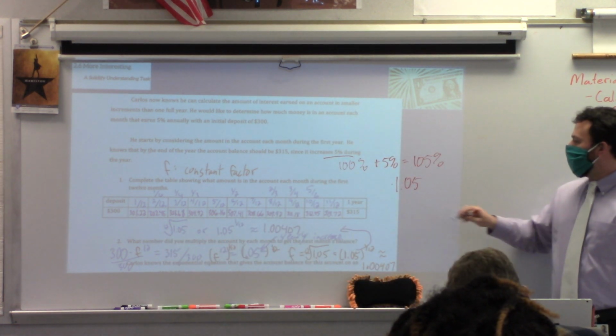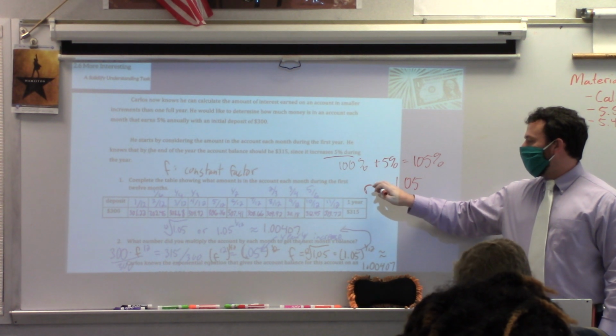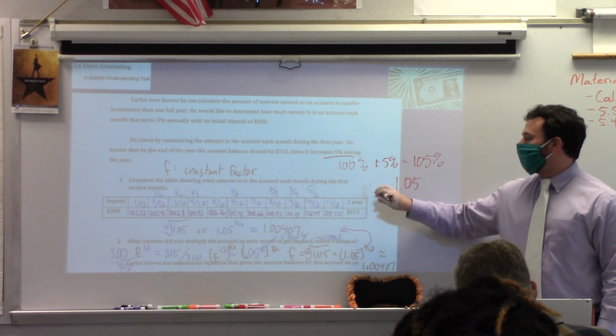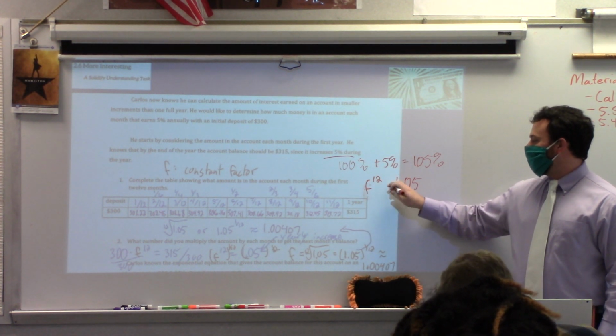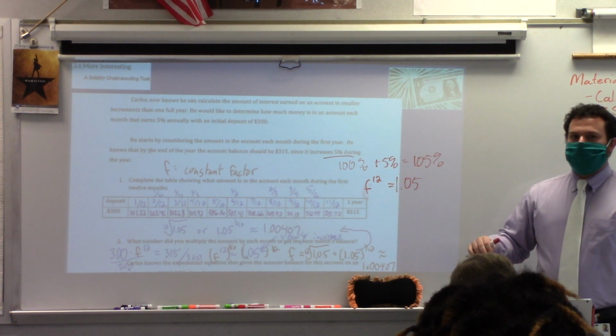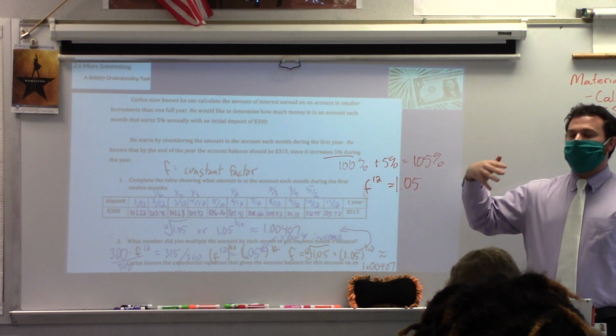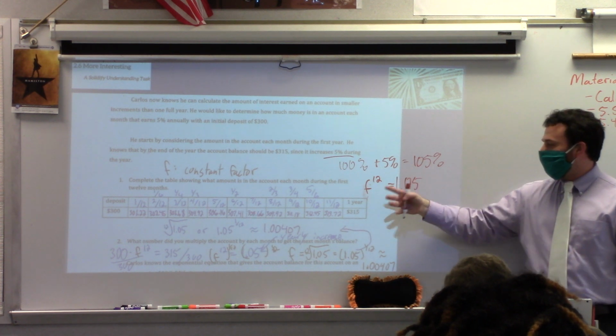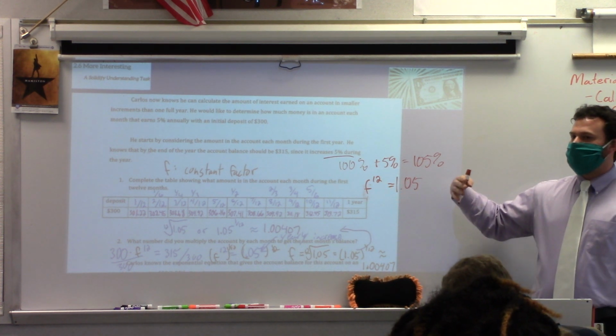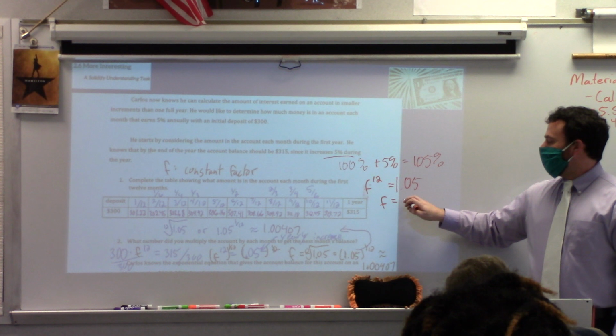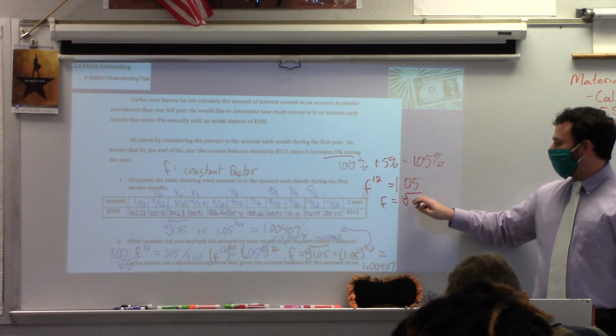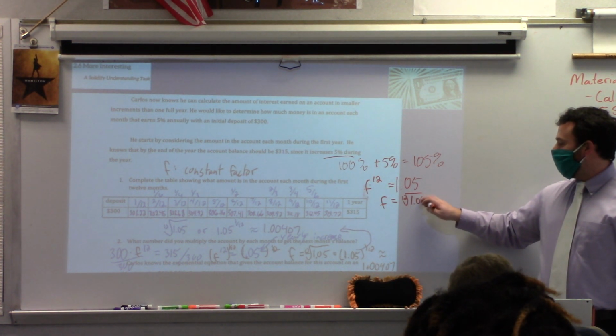The idea being that if we multiply some common factor 12 times, we get 1.05. Well, then what's the inverse of a 12th power? A 12th root, right? So the constant factor had to be the 12th root of 1.05.